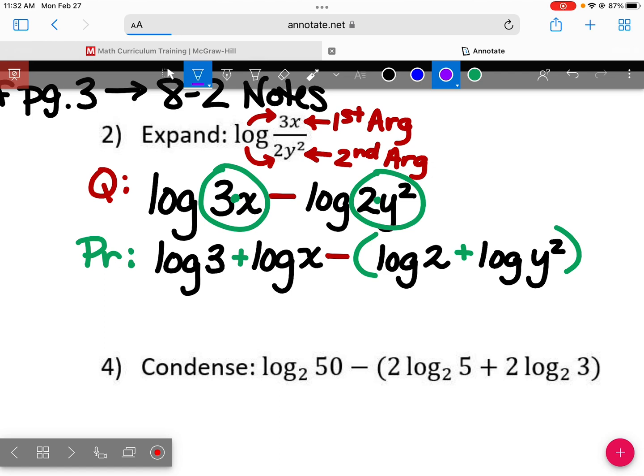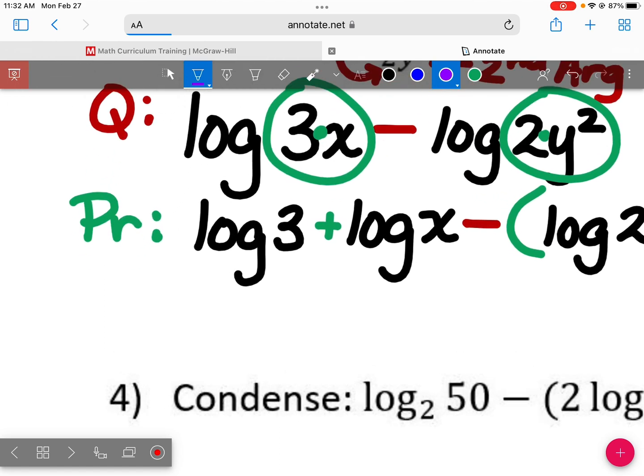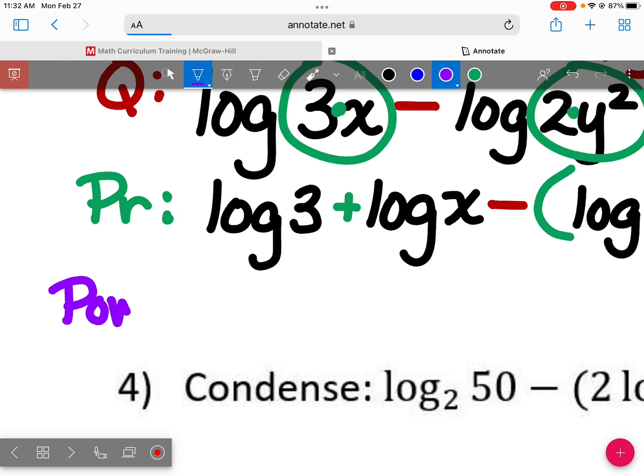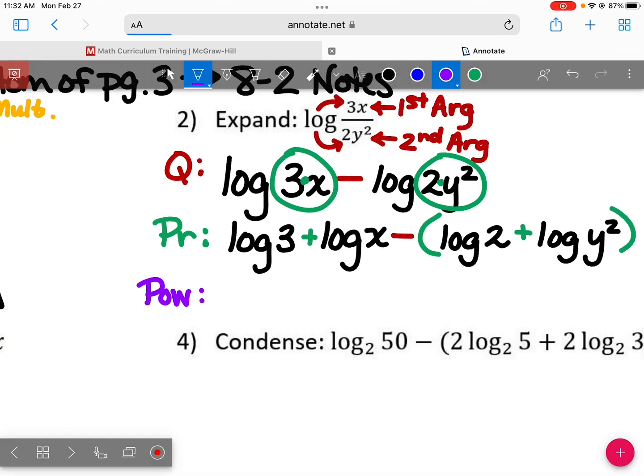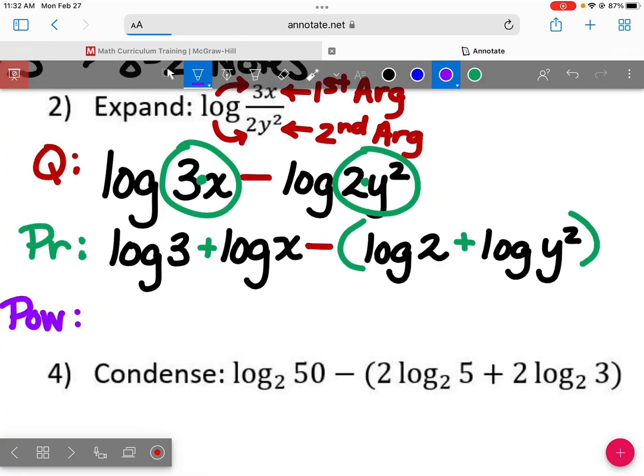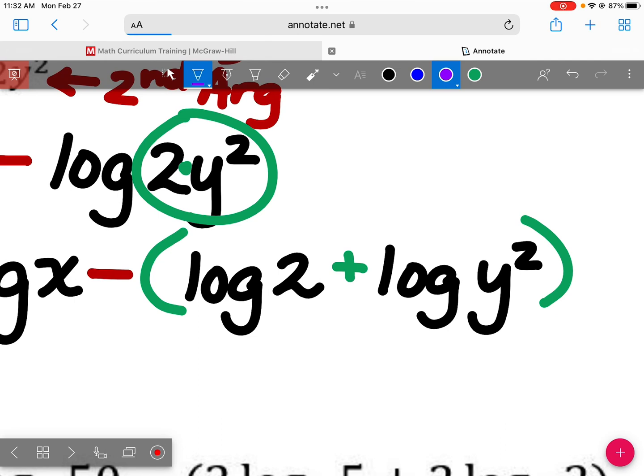Can it be done? No. Exponent. So let's look at our powers property last. How many places do I need to use the powers property? Just once, just right here.